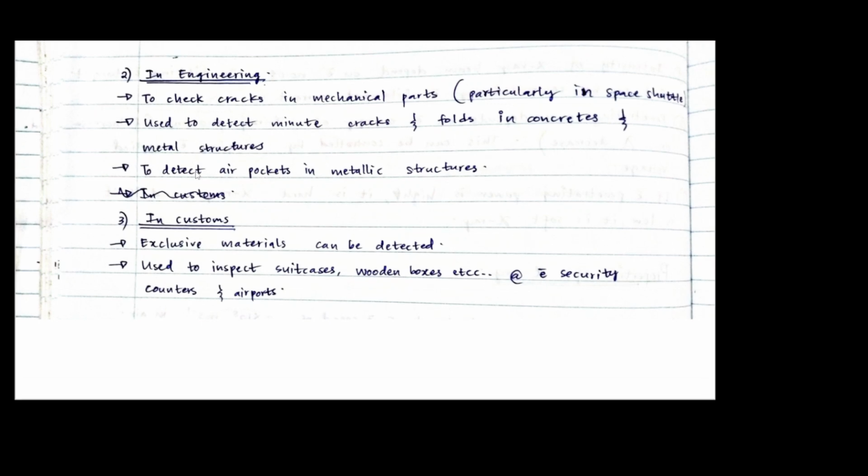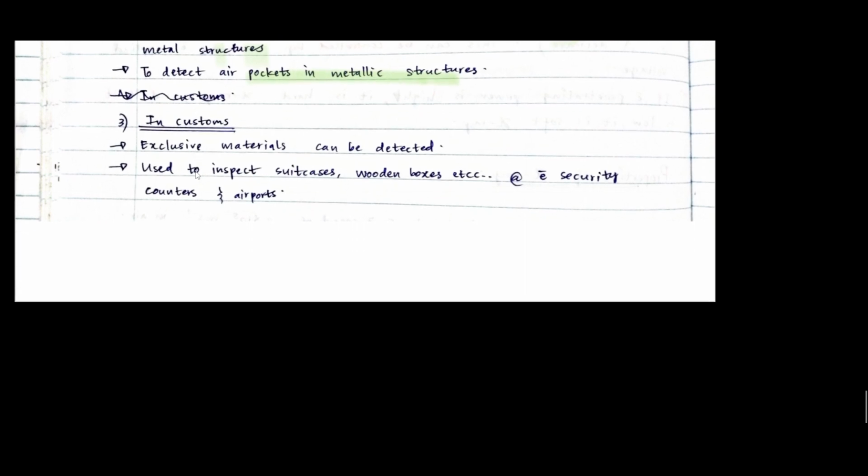It's already known. So let's look at a few uses of X-ray. They are used in medicine to check tooth cavities, for destruction of tumors, for cancer treatment, detecting broken bones. In engineering, to check cracks in mechanical parts, especially used in space shuttles, used to detect minute cracks and folds in concrete and metal structures, to detect air pockets in metallic structures, etc. There are a lot.